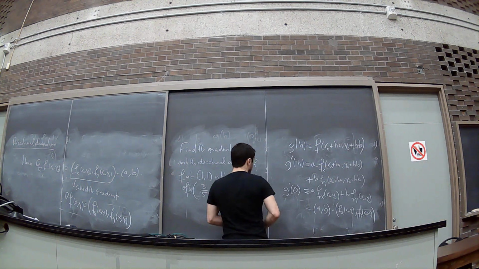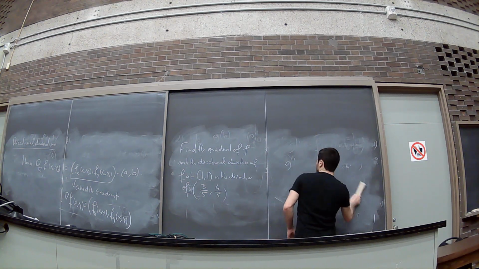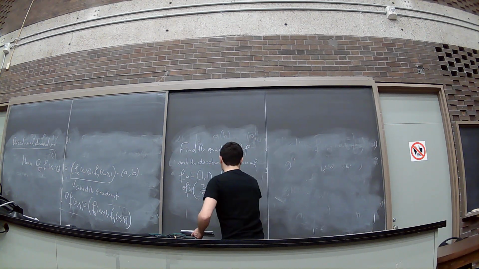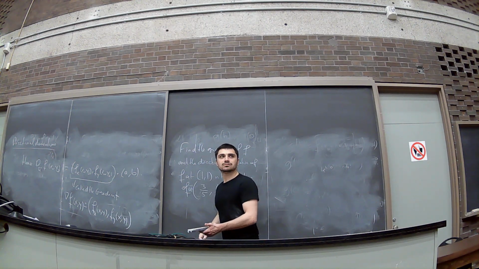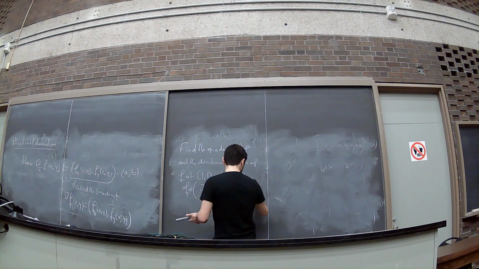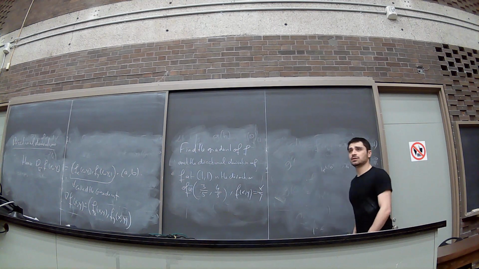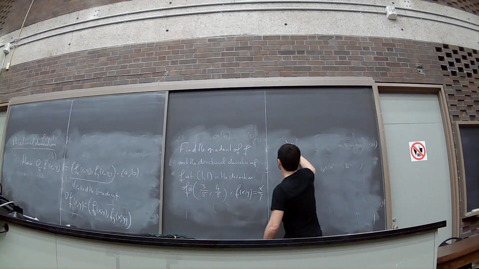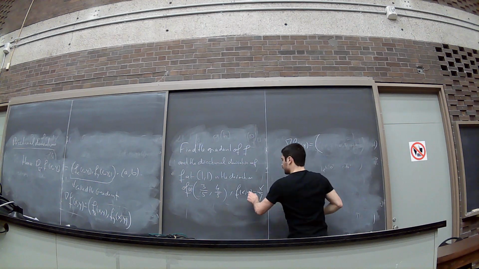Great, let me do this now. Who wants to give me a nice function? Let's say x over y is nice. Okay, great. Now, what is the gradient of f at (x, y)?